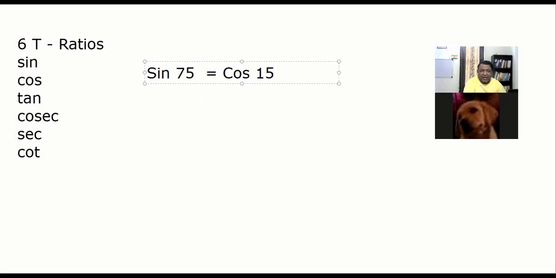So how do you know which is related to which? Or if I say sine of 70 is the same as cos of 20, how?